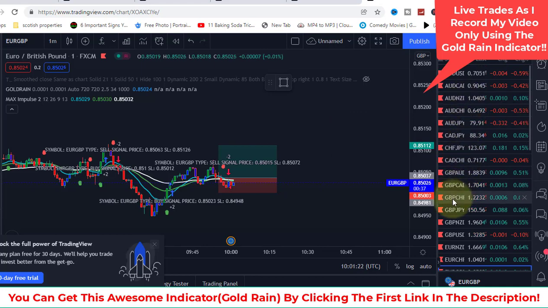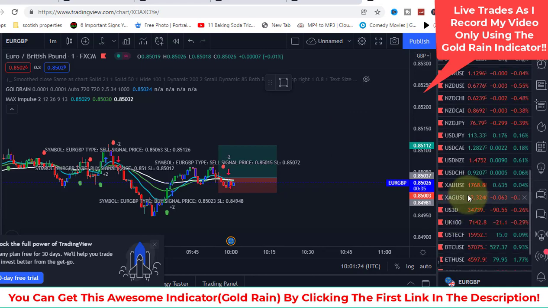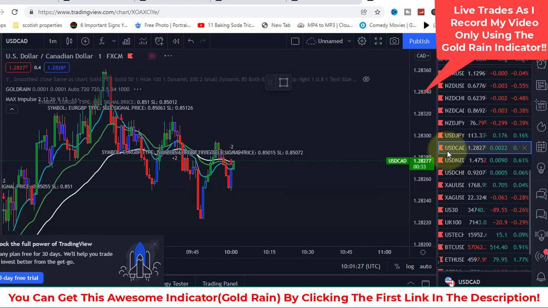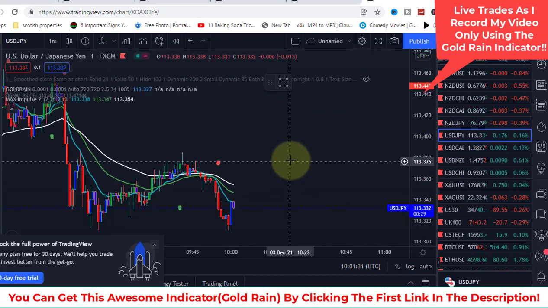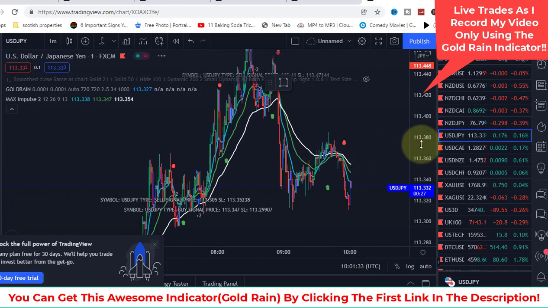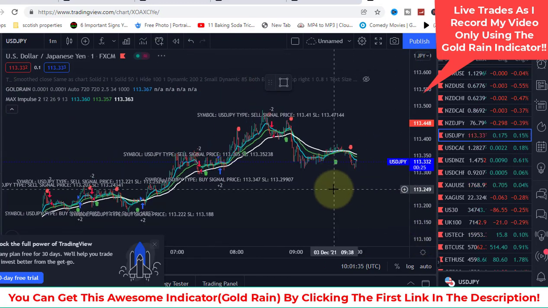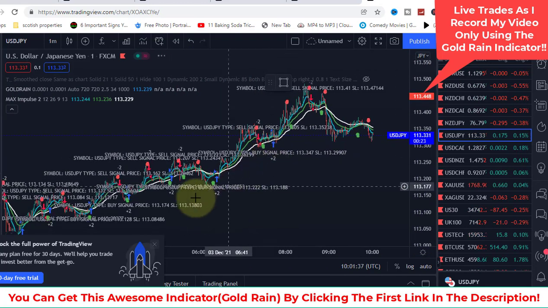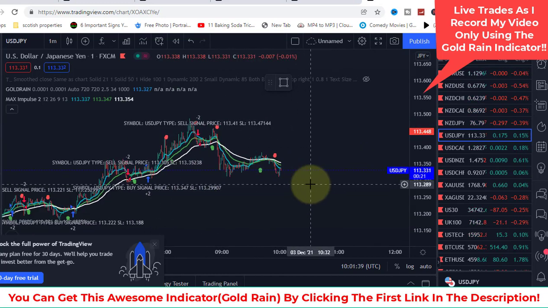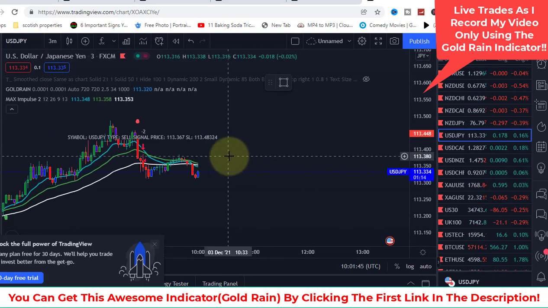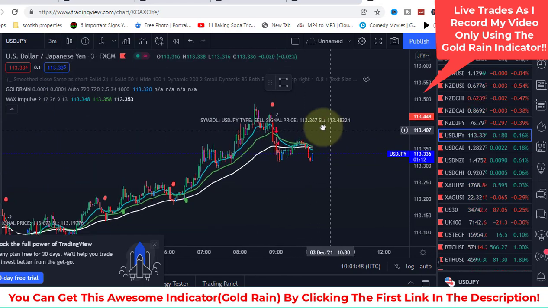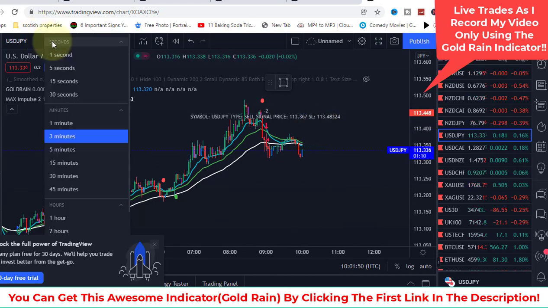So if I go to one USD pair as well, USD CAD, USD JPY. Over here we see overall we're in an uptrend. Yeah, uptrend. So if I go to 3 minutes, let me check something.